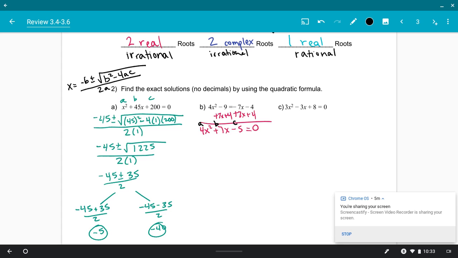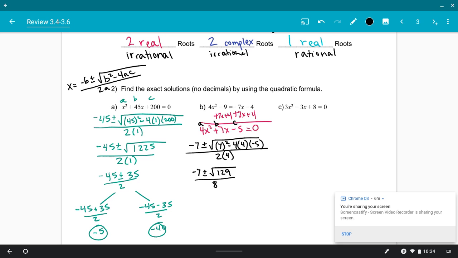So we can go negative b plus or minus the square root of b squared minus 4ac all over 2a. So we get negative 7 plus or minus the square root of 129, and then that's all going to be over 8.